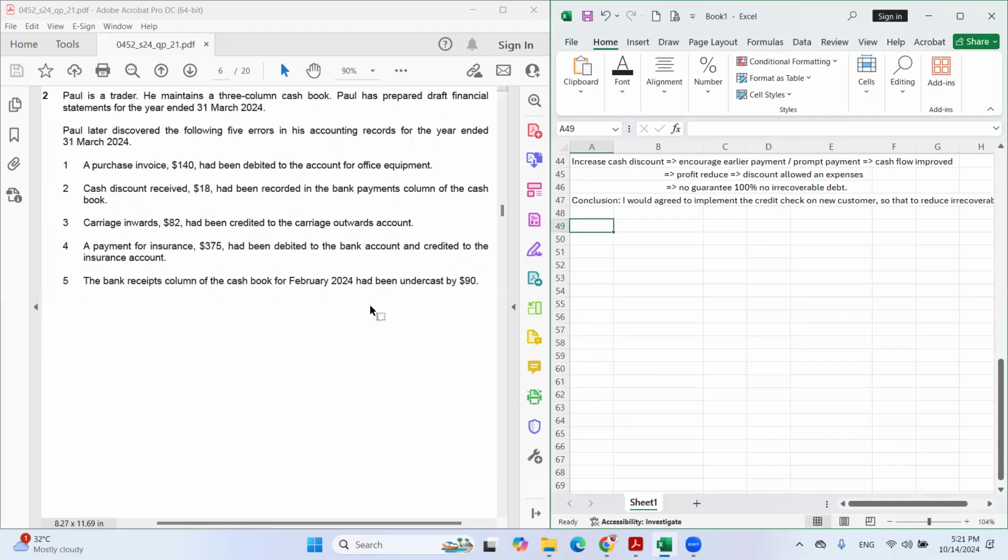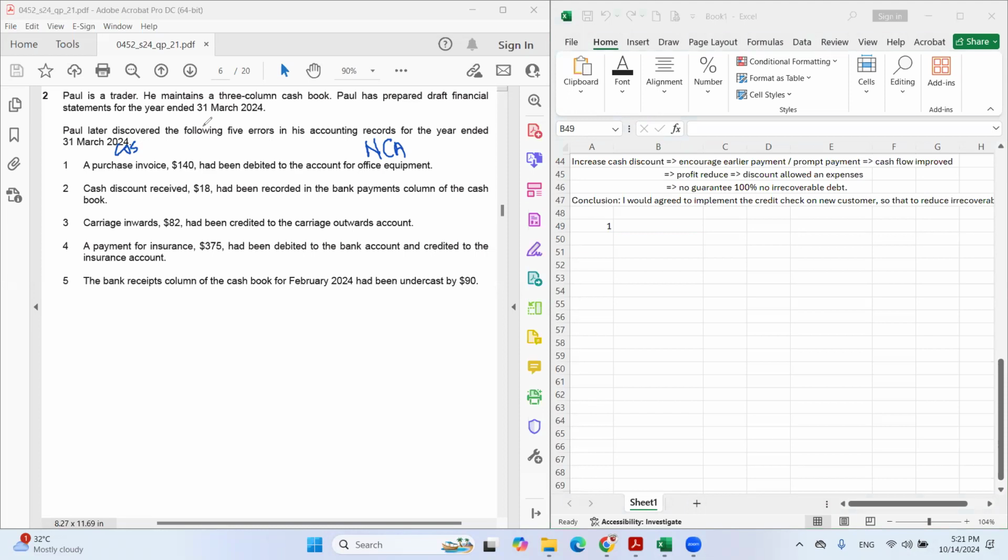Okay, number 1. A purchases invoice of 140 has been debited to the account for office equipment. Office equipment is a non-current asset. This one is the cost of sales. This is a different class. So this one we call error of principle.